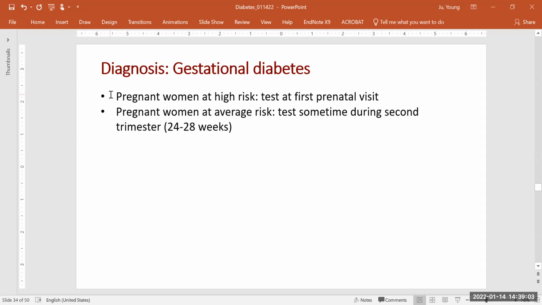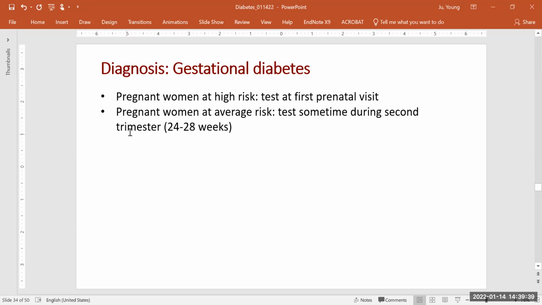If a pregnant woman is at high risk of gestational diabetes, for example, if she was obese at the start of pregnancy, or had gestational diabetes during a previous pregnancy, or she has a mother, father, sibling, or child with diabetes, in that case, the doctor will ask for the screening test using those test methods at the first prenatal visit.